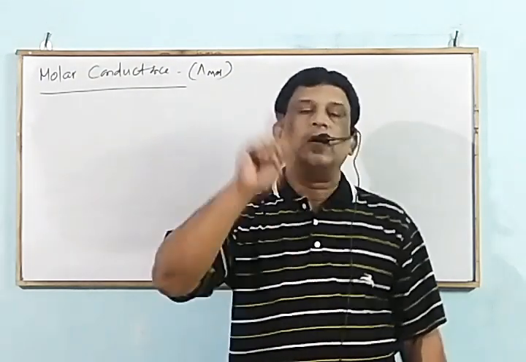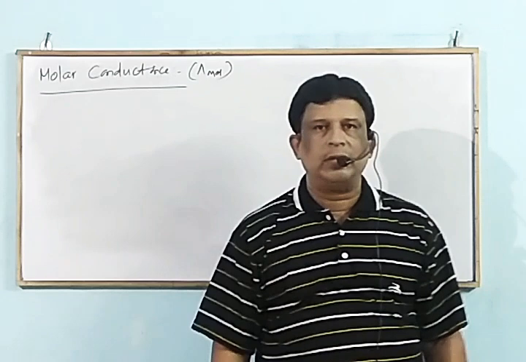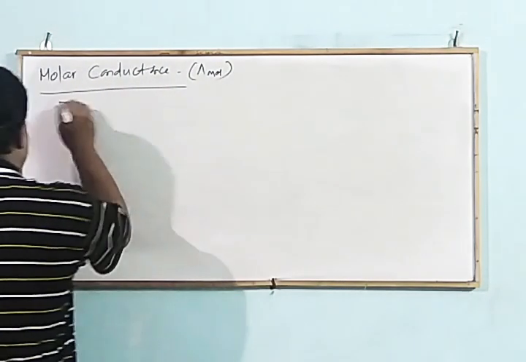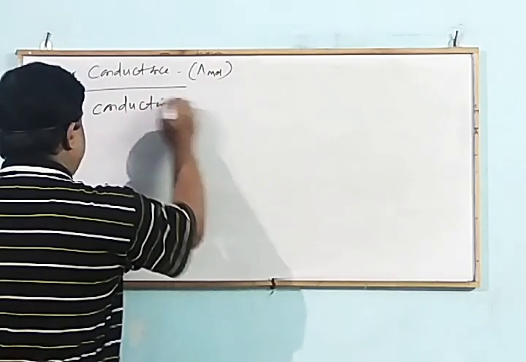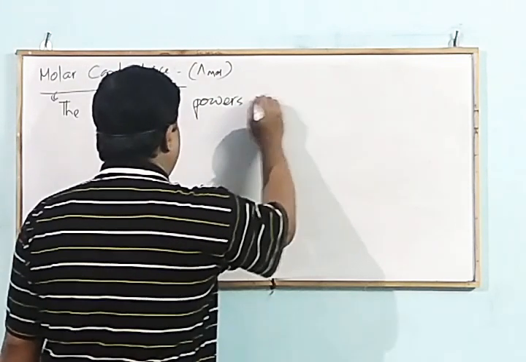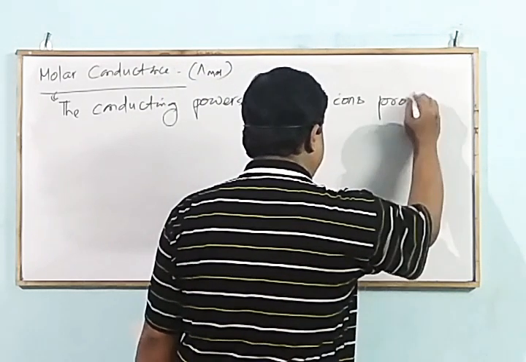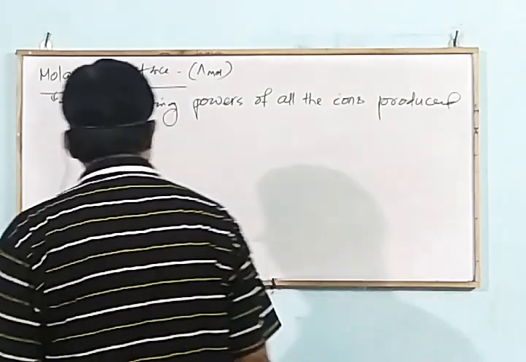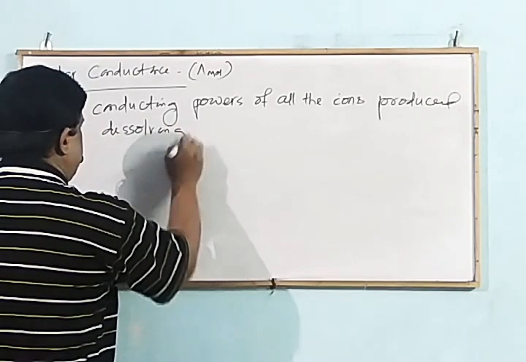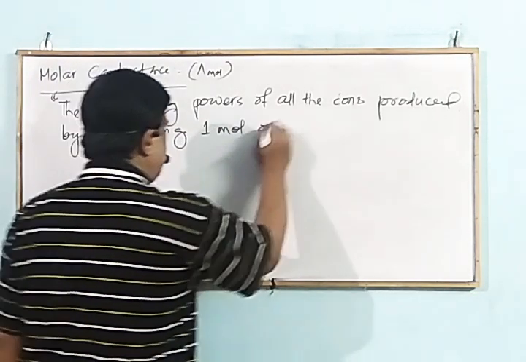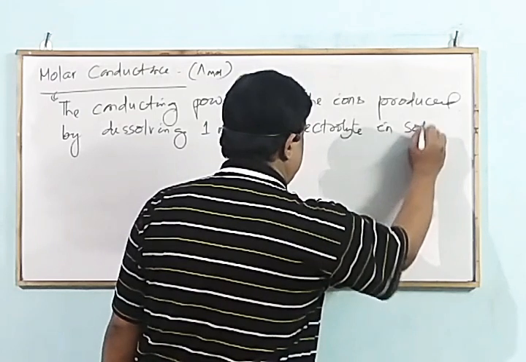In equivalent conductance, 1 gram equivalent of the electrolyte; in molar conductance, 1 mole of the electrolyte.